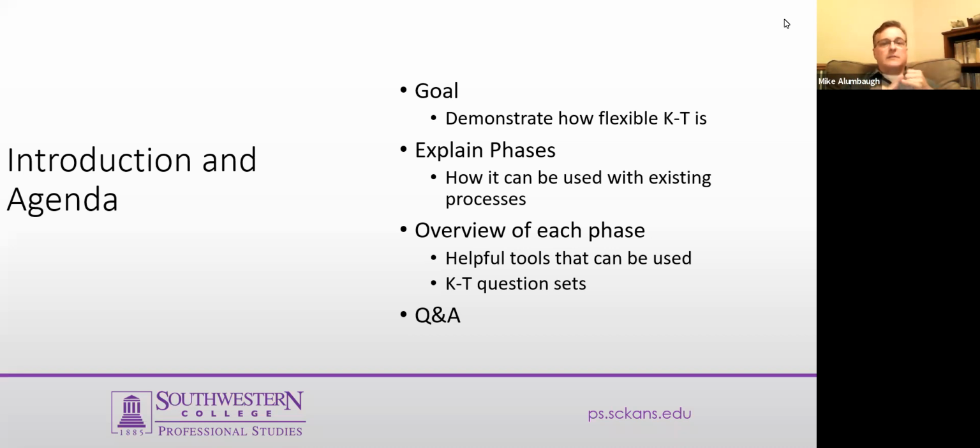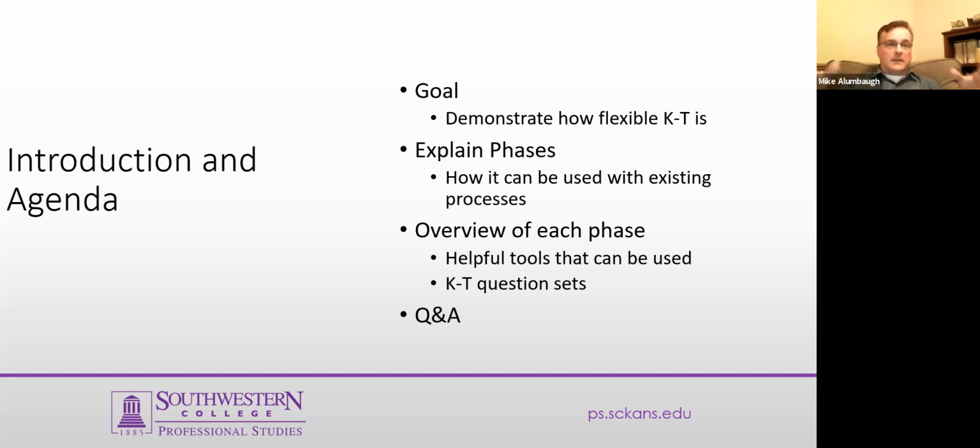We're going to go through the phases of Kepner-Tregoe and discuss how it interacts with different processes. We will also look at some helpful tools that many who are in OpEx and in quality are going to recognize. The point is that this can help support some of those diagnostic tools that we use in this profession.